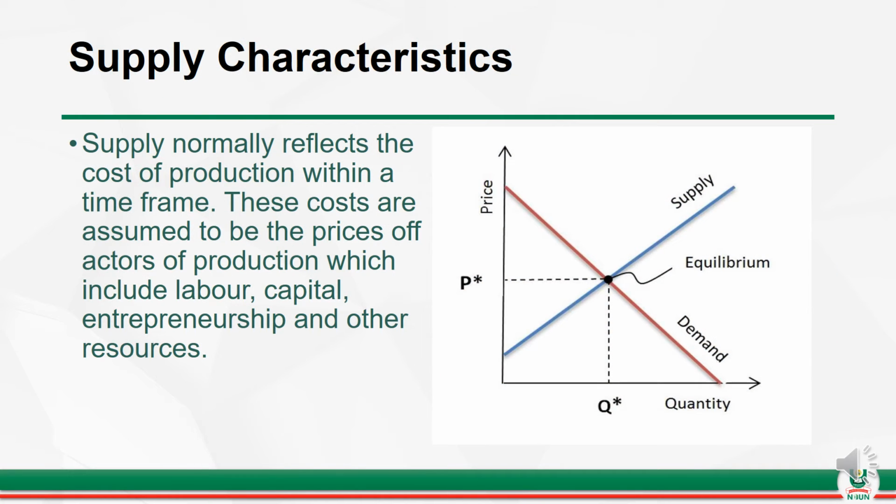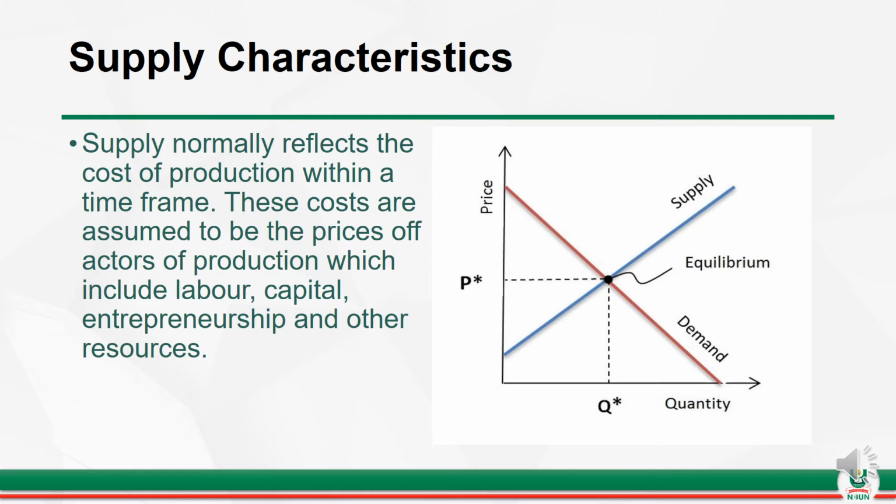Look at the supply characteristics. Traditionally, economic theory has it that supply is determined by the production cost and the structure of the market within which a firm operates, which in turn affects the amount of profit over costs that are charged.